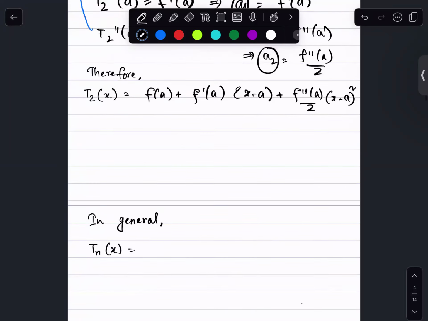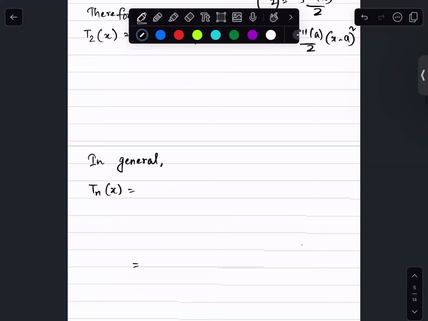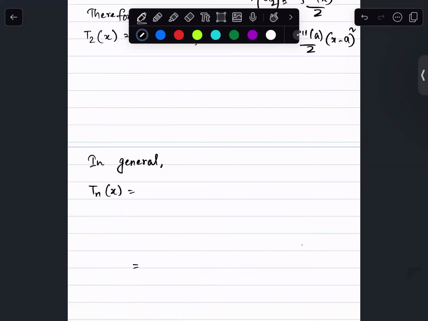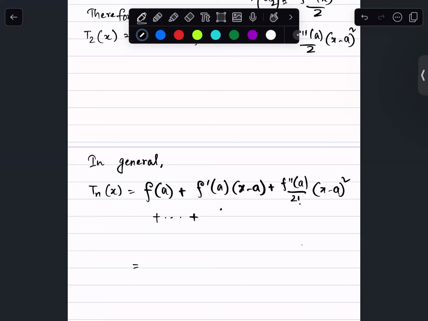Now, in general, if I go on and try to find the exact formula for the nth degree Taylor polynomial, denoted by Tn(x), it should be of this form: f(a) plus f prime(a)(x minus a) plus f double prime(a) over 2 factorial (x minus a) squared, plus so on, up to the nth derivative at a over n factorial (x minus a) to the n.